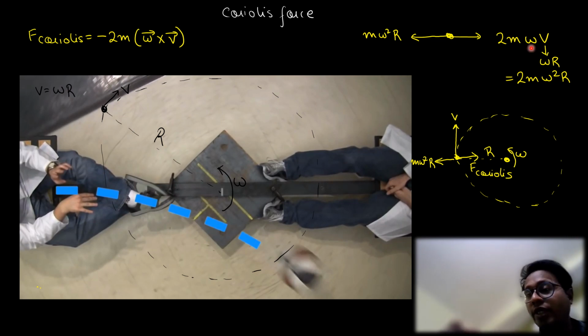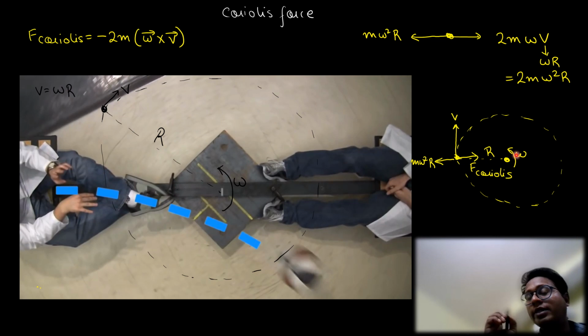Whereas Coriolis force is dependent upon the rotational velocity of the frame and the velocity of the particle as observed by the frame. Understood? Whenever a rotational frame is there, there are two pseudo forces. The first one is centrifugal force, the second one is Coriolis force.